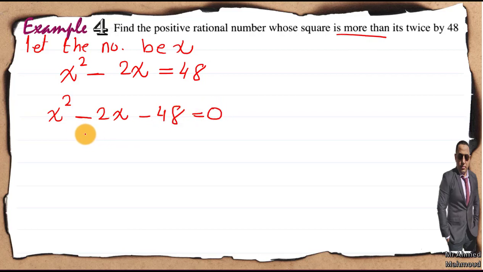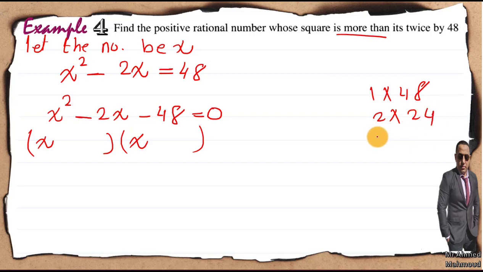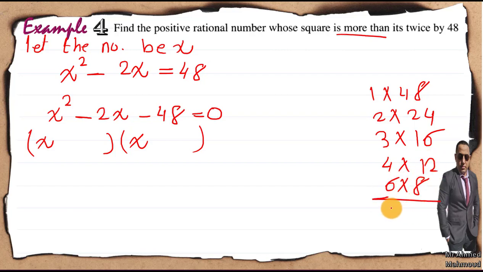This equation doesn't include a common factor and it is in order, so I'm going to factorize directly like this: x and x. 48 divided by 1 equals 48, divided by 2 equals 24, divided by 3 equals 16, divided by 4 equals 12, divided by 6 equals 8, and I'm going to stop here.